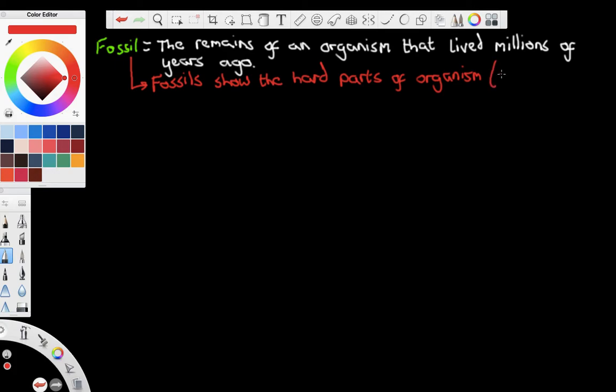And for that, what I mean is that it shows bones, it shows teeth, shell, wood. So bones, teeth, shell, and wood. These are all things that would be shown in a fossil.